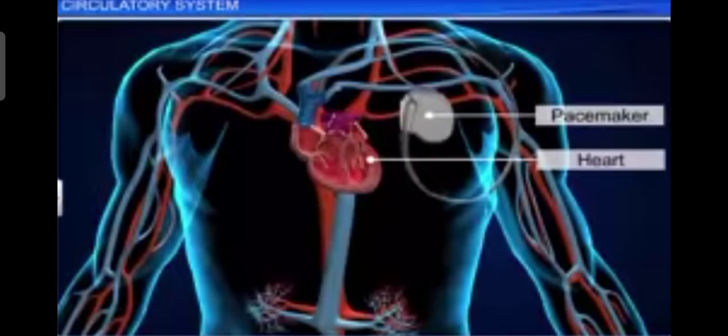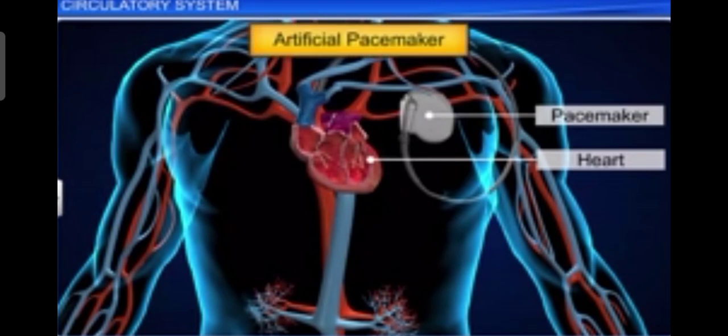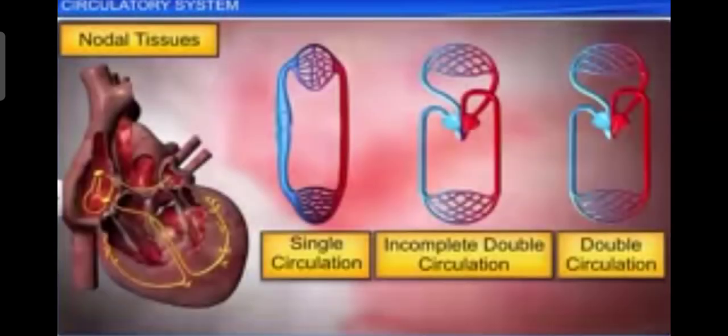An artificial pacemaker is needed when there is a problem in the natural pacemaker. So this artificial pacemaker has been added to function as a natural pacemaker. So there are three types of circulation: single circulation, incomplete double circulation, and double circulation.